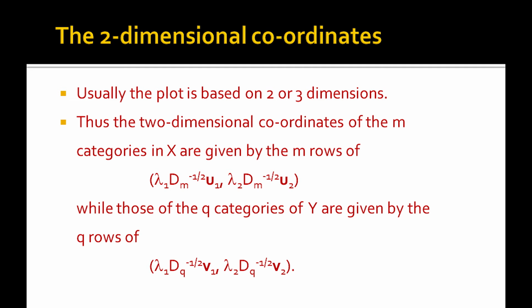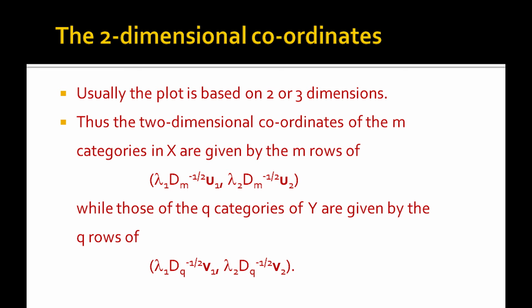If we wanted to do a 3-dimensional plot, we would have taken a third term that would have been lambda 3 Dm to the power minus half u3. So that would have given us a 3-dimensional plot. But generally 3-dimensional plots are difficult to look at, so we have restricted ourselves to a 2-dimensional plot. Similarly, when we look at y, we look at the rows of lambda 1 Dq to the power minus half v1 and lambda 2 Dq to the power minus half v2.